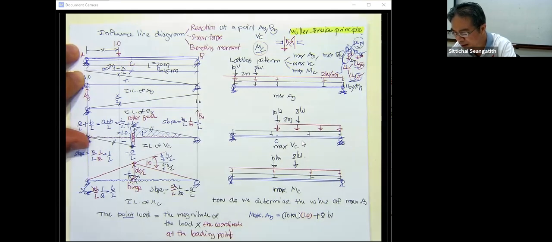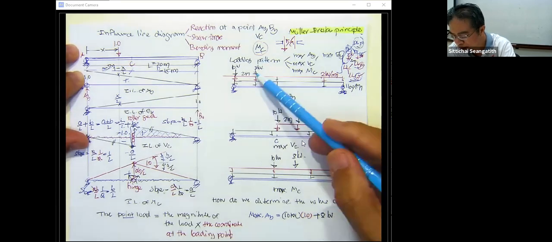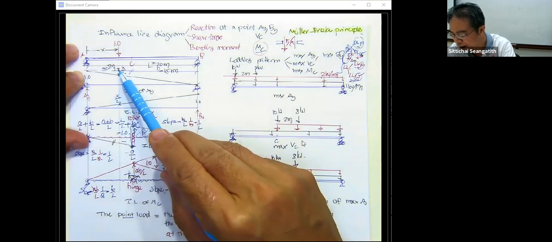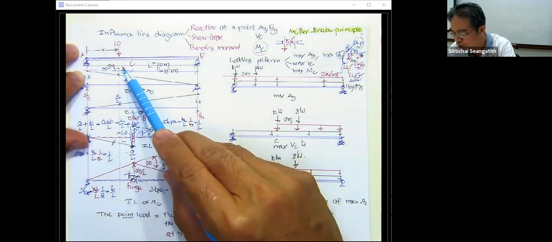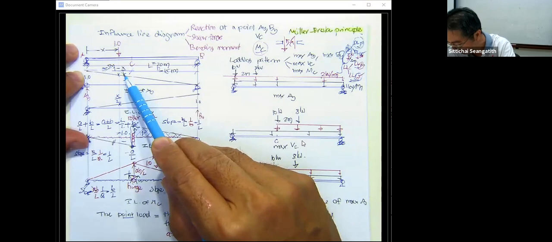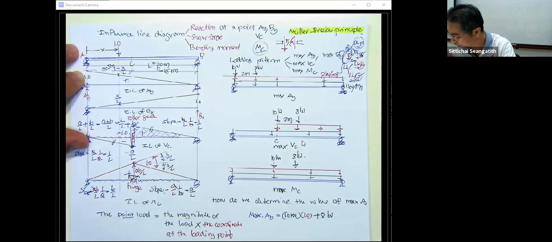And 8 kilonewton is 2 meters from here. So this is going to be 1 minus 2 divided by 20. That is going to be 0.9. So that is going to be times 0.9. That is the A sub y coming from the point load.